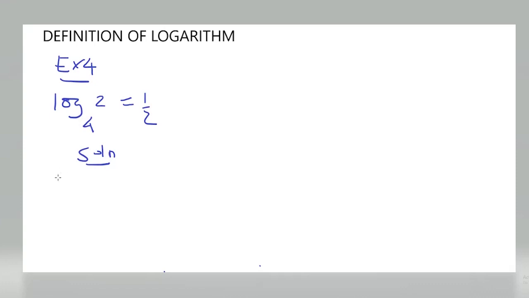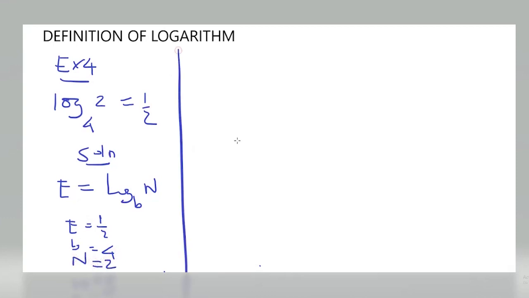From there I can summarize the information I have from the expression. We know the exponent is equal to logarithm of number to base. The exponent here is a half, the base is 4 and the number is 2.